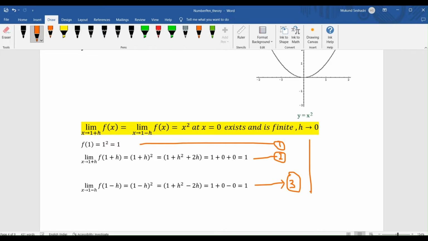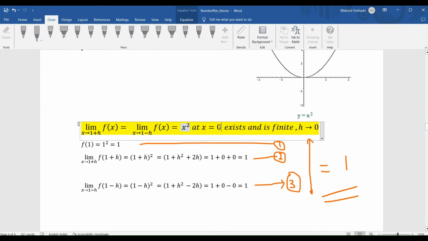All the three are equal to 1. Which means, as per the definition of continuity which we just now saw, this function is a continuous function at the point x equals 1. I'm sorry, guys, x equal to 1.